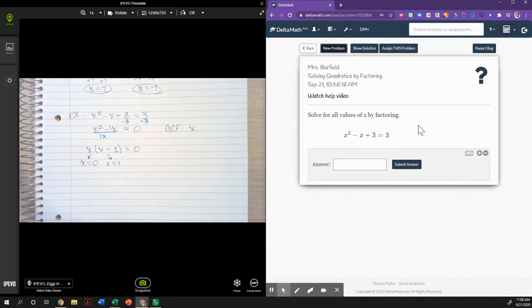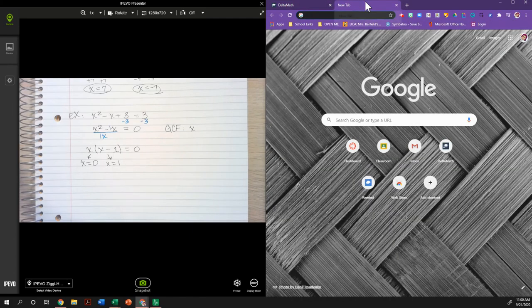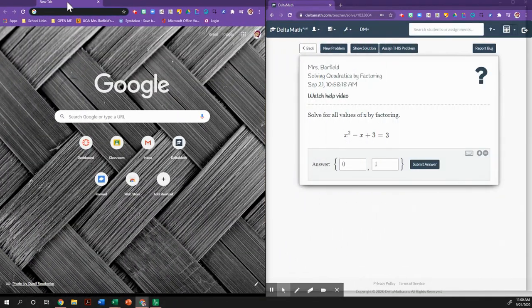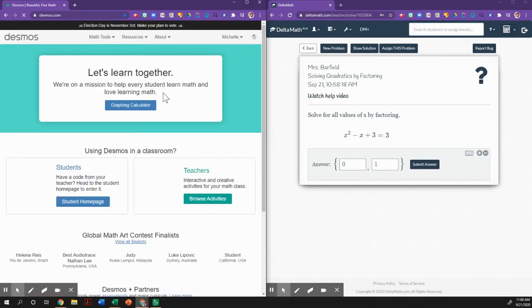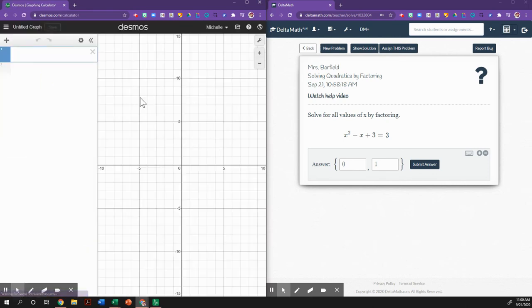Now, if you're thinking, how do I know for sure that that's correct? We'll bring up Desmos and I'll show you. So 0, comma 1. Let's bring up Desmos really quickly here. School Desmos graphing calculator. I'm going to type in x parentheses x minus 1.